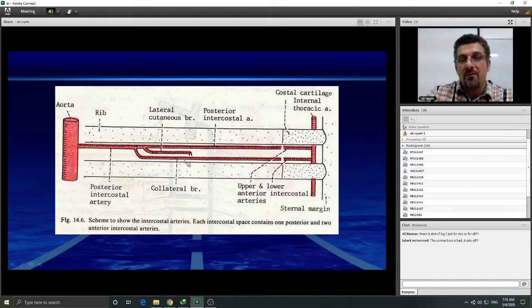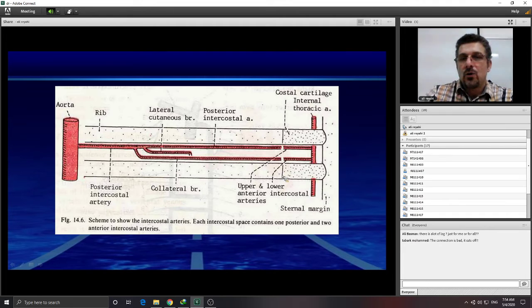The collateral branch travels along with the collateral branch of the intercostal nerve, as I told you before. In the mid-axillary line, the artery gives off another branch, the lateral cutaneous branch, to follow the relevant nerve, and the main trunk goes to the anterior part of the intercostal space.